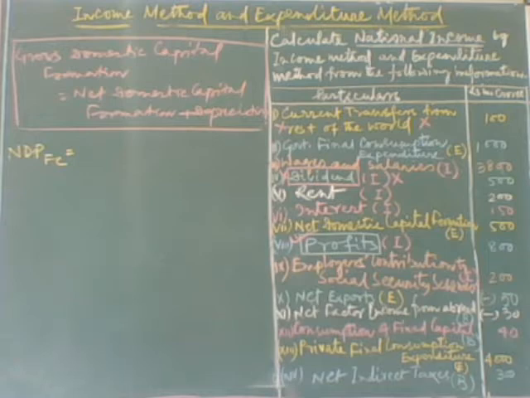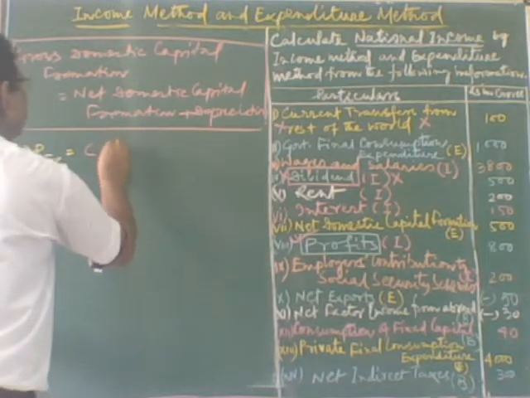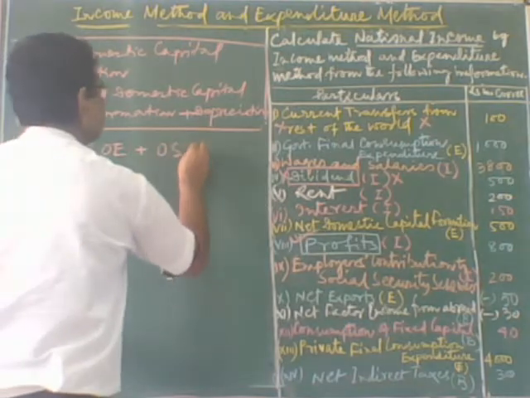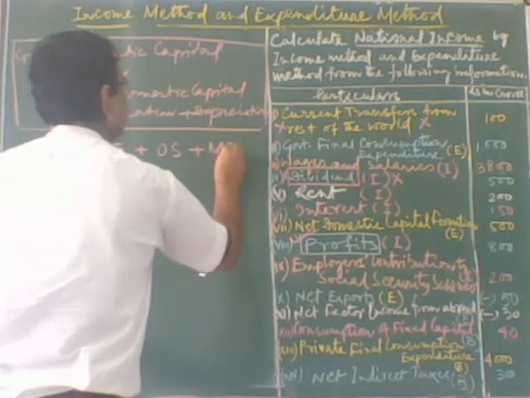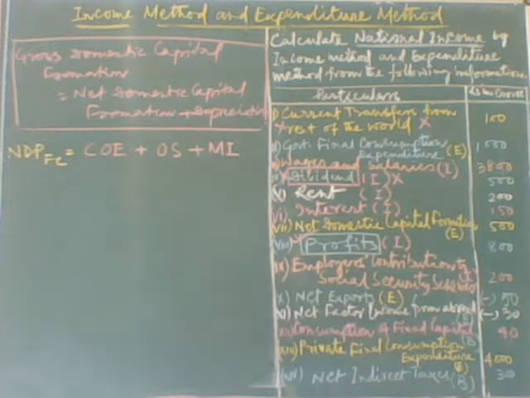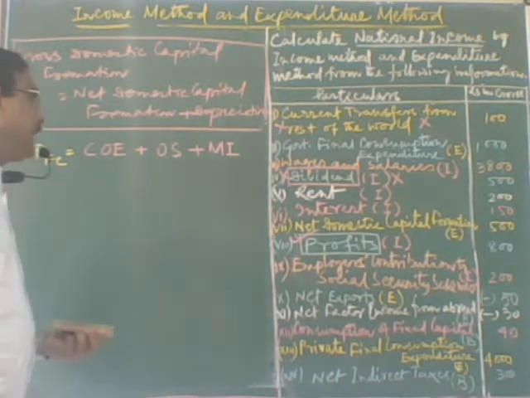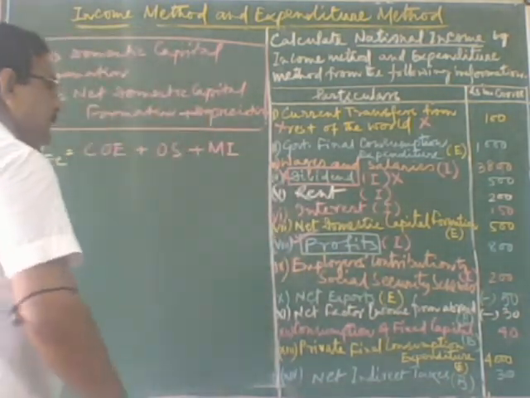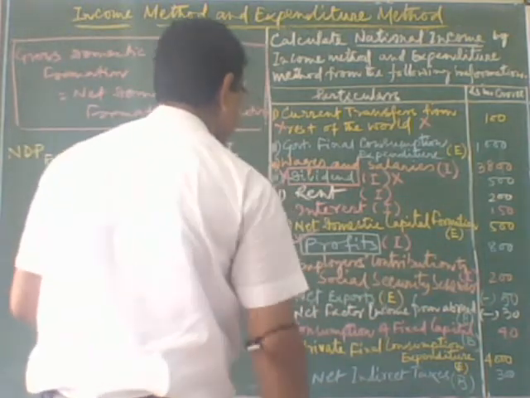We know that the NDP factor cost, that is domestic factor income, is the sum of three main components: compensation of employees plus operating surplus plus mixed income. These are the main components. According to this information, the compensation of employees is wages and salaries and employers' contribution to social security scheme.